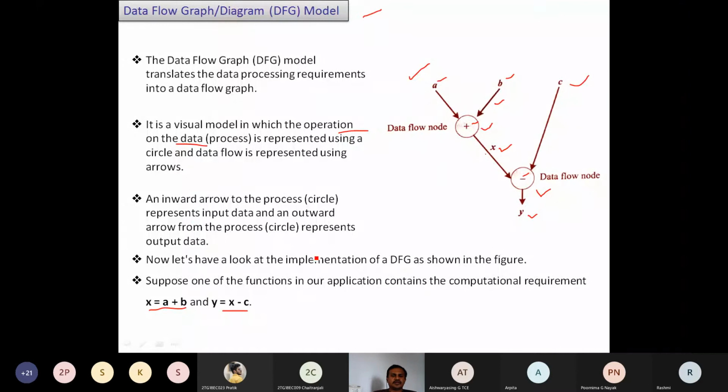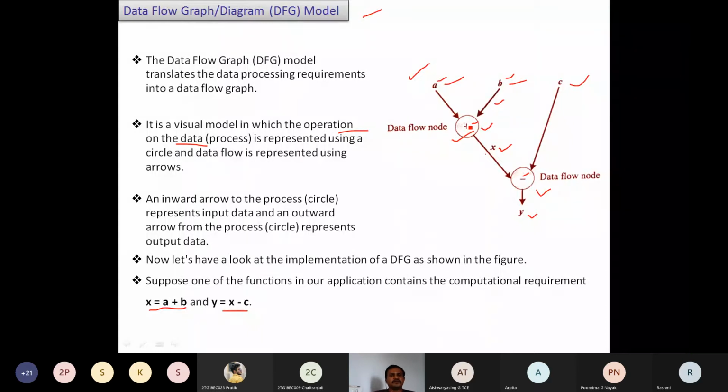Okay, so here we can observe the same thing. It is X equal to A plus B. So A plus B is the process, and we are going to put that in as a circle. It is nothing but the first circle. Then what are the input data for this circle? It is A and B. Then what is the process going to do?